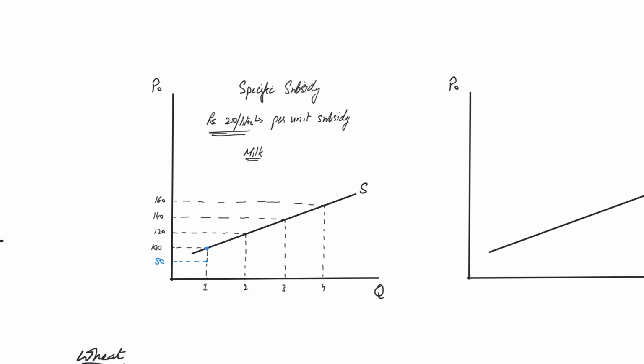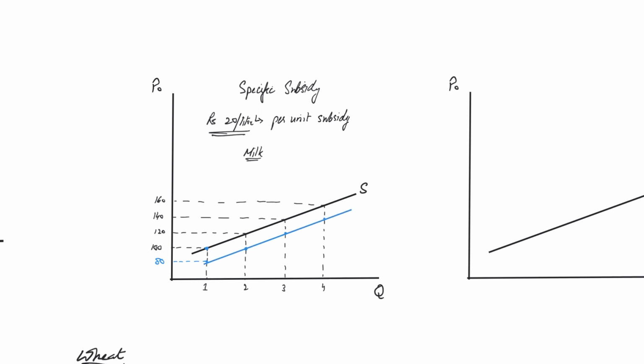The cost has been reduced for them in a way. The 2 liters which I was willing and able to sell for 120, now I'm willing and able to sell for 100 rupees. Similarly, 3 liters, per liter I was willing to sell for 140, I got a 20 rupee discount, so I'm willing to sell it lower.